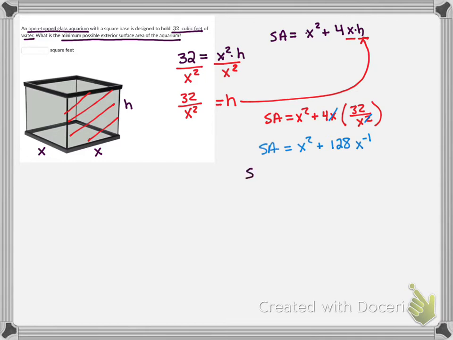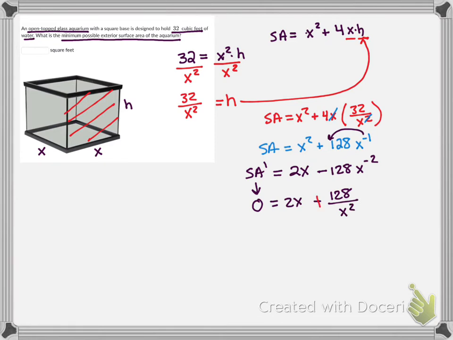So surface area prime will be 2x minus, because this negative 1 is going to come down, 128 x to the negative 2. Setting this equal to 0, 0 equals 2x minus 128 over x squared.